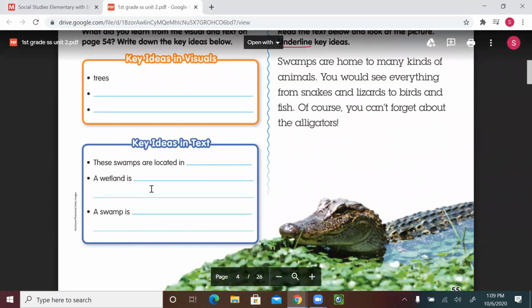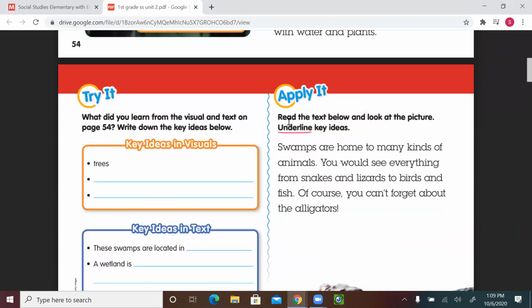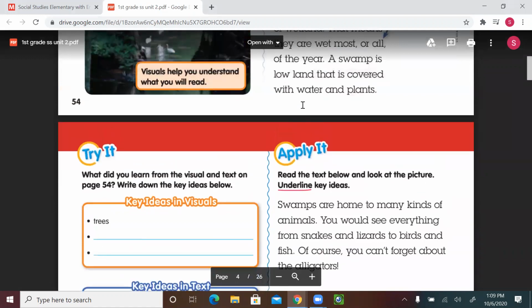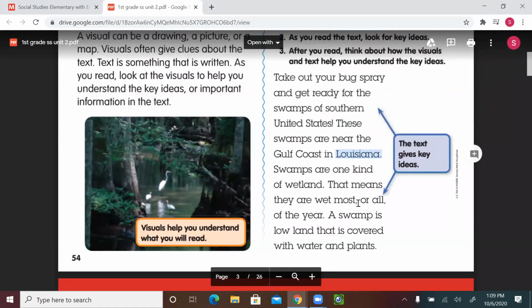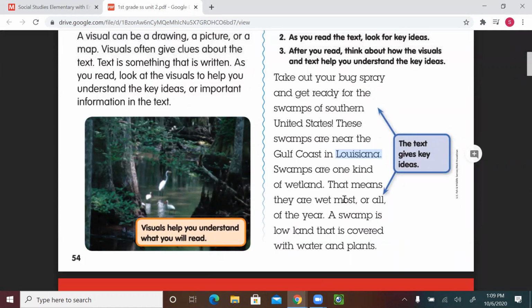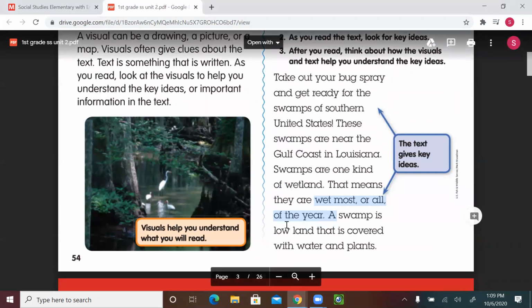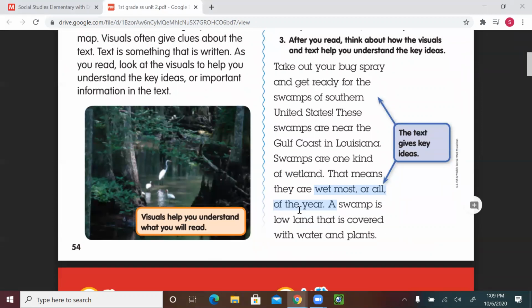A wetland is land that, very good, is wet most or all of the year. So let's look for a wetland here. Wet most or all of the year. So this is the part you're going to write for number 2 over here.